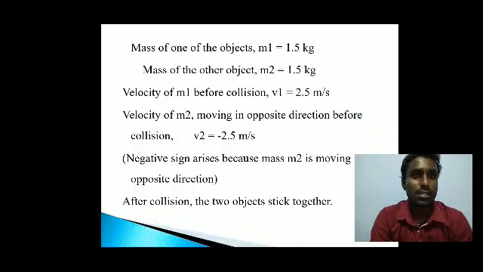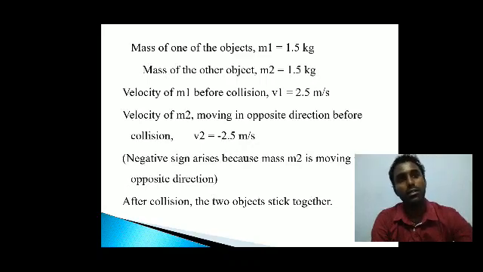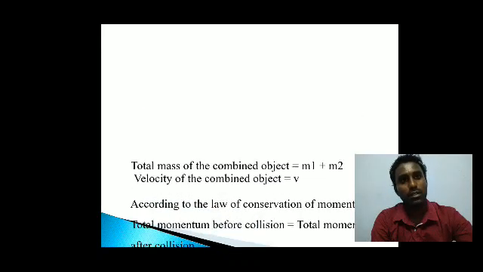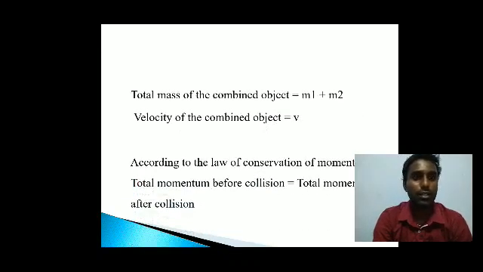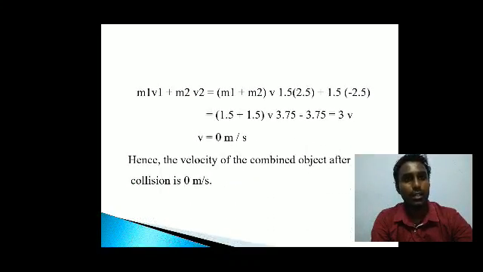Just see that same as I did: m1, m2, what is v1 and v2, before collision, after collision, both are equal. So equate it and you will get one value. That value you have to equate, you will get the answer. Okay, so 0 meter per second. So you can practice it and just refer by yourself.